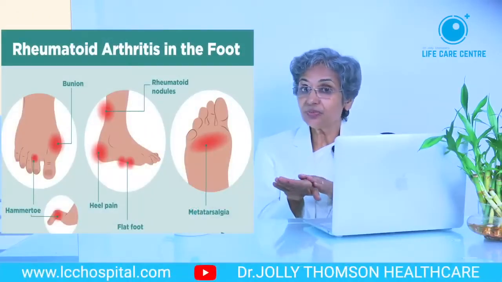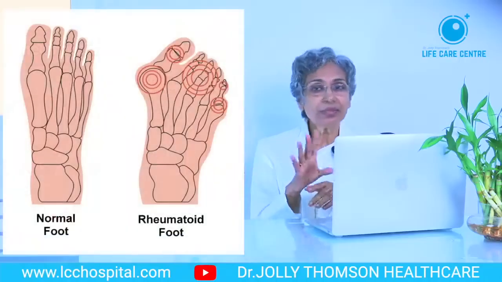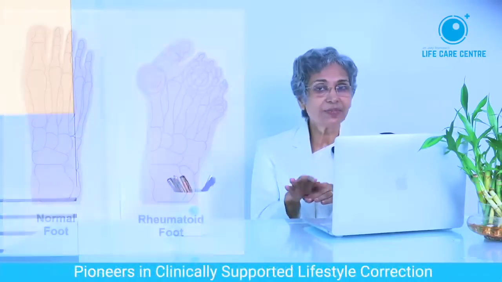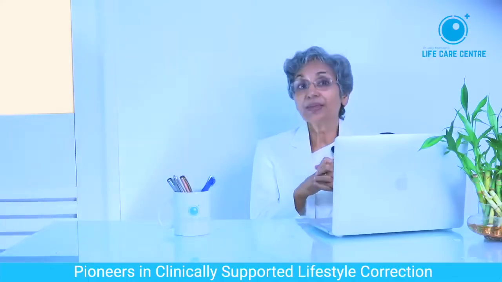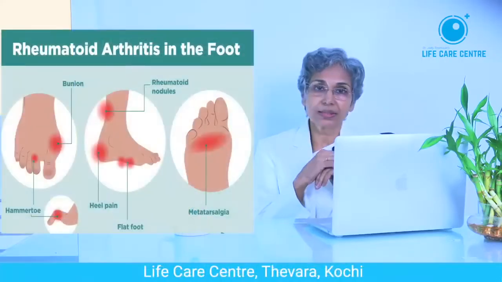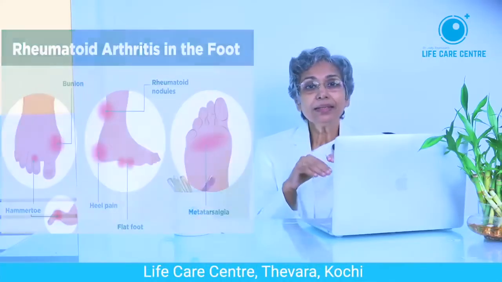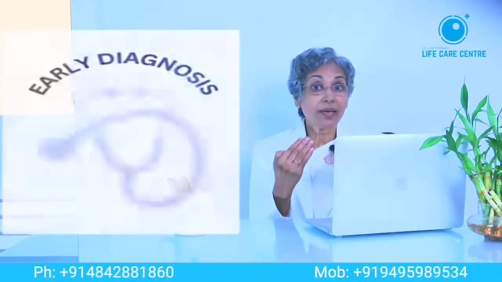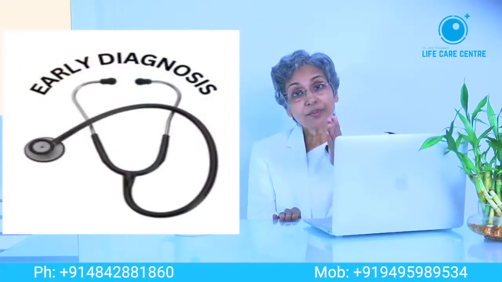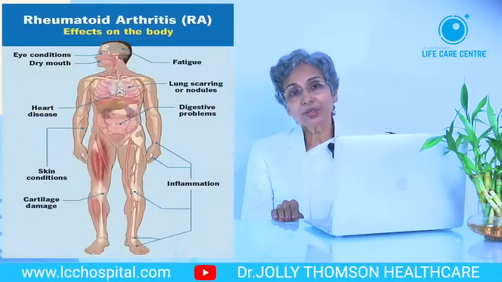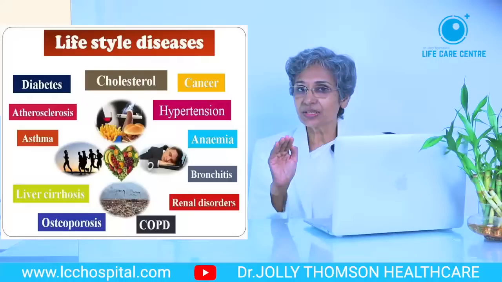And especially in the foot, if the alignment of the great toe is lost, then we should definitely think of whether it is rheumatoid arthritis. Then what we can do, along with early diagnosis, is reverse the comorbidities like diabetes and hypertension, which usually occur with rheumatoid arthritis. All of these come under lifestyle disease.